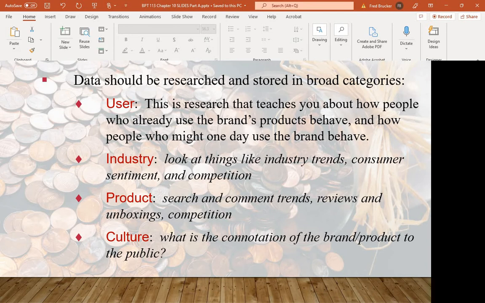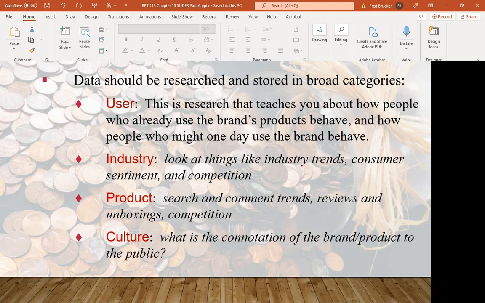Data should be researched and stored in broad categories. Here's a couple of categories that you may put them in. The user: this is research that teaches you about how people who already use the brand's products behave and how people who might one day use the brand behave.